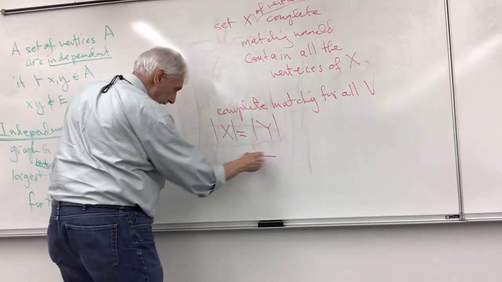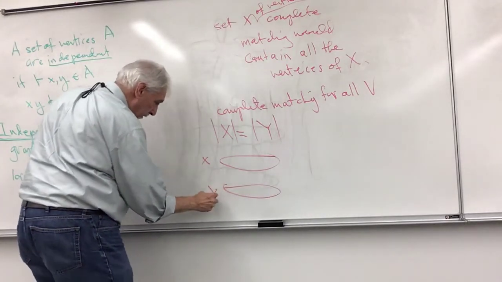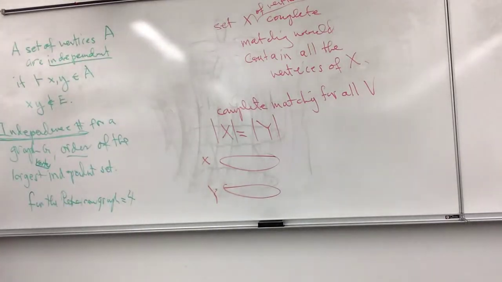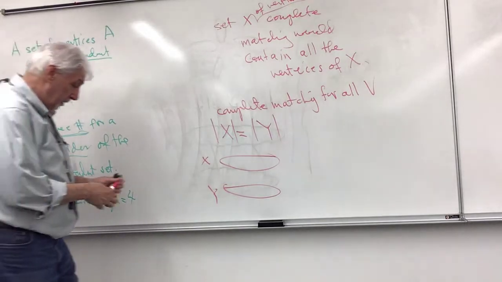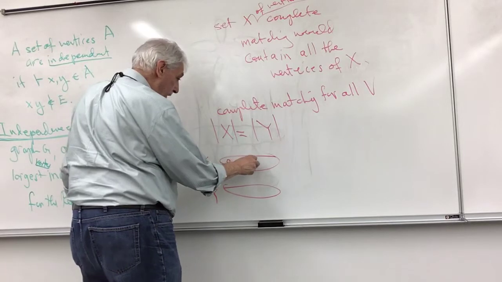If I'm looking at just a bipartite graph, then I certainly must have the same number of vertices if I'm going to have a complete matching. Is that enough? So again, let's imagine that this is a bipartite graph.